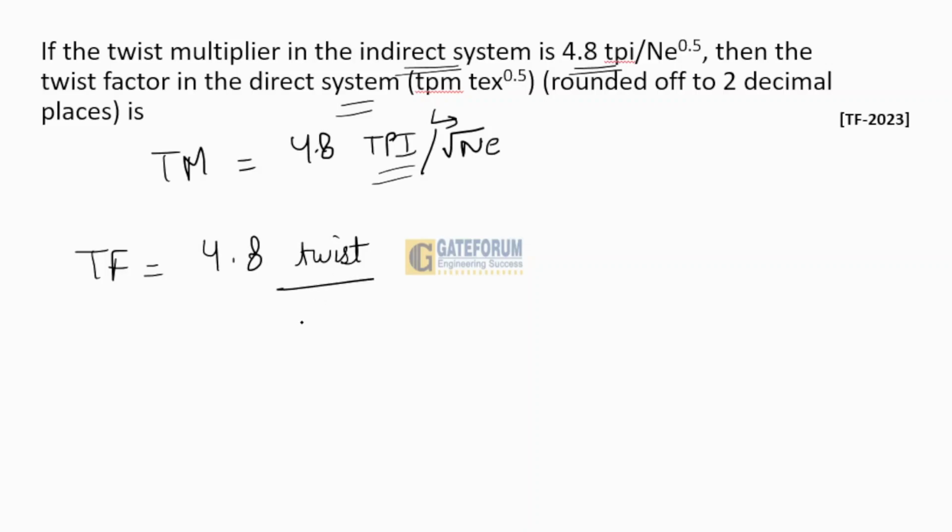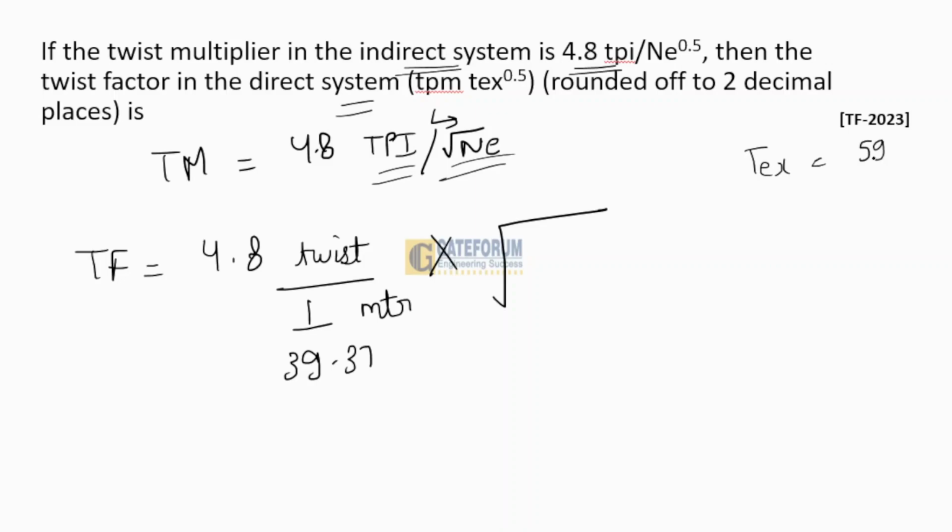If we need to calculate into meters, then it is 1 upon 39.37 meter. NE, if we need to convert this into tex, you know that tex is equal to 590.5 upon NE.